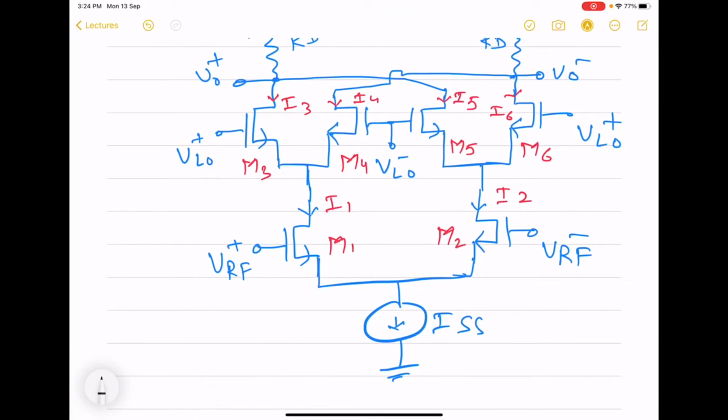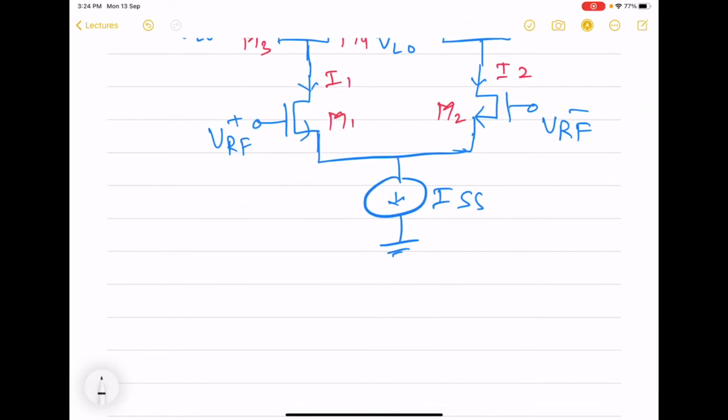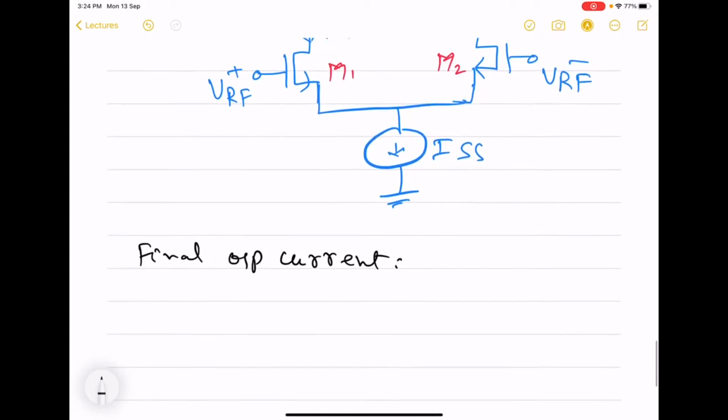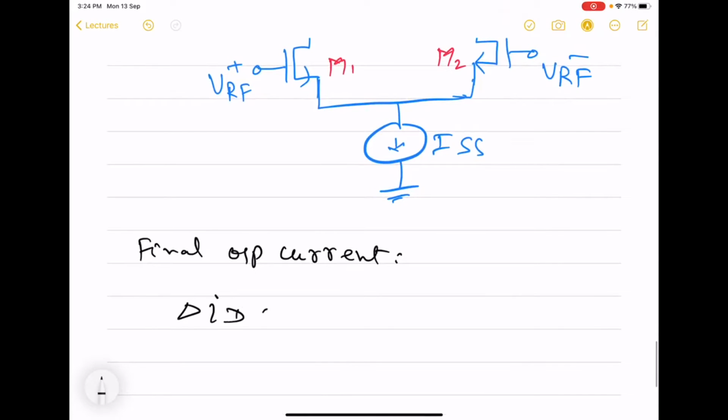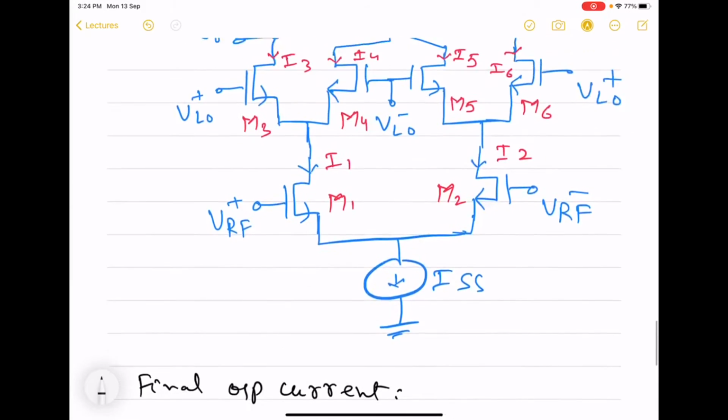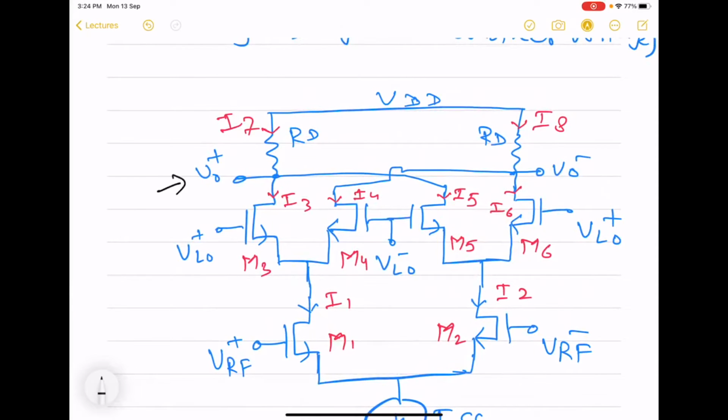So we see that for the pair M3 and M4, I1 is the tail current. Similarly, for 5 and 6, I2 is the tail current. So here now if we try to find the final output current, that is difference of ID7 and ID8, it is this difference of the current which is going to give rise to these two individual outputs.